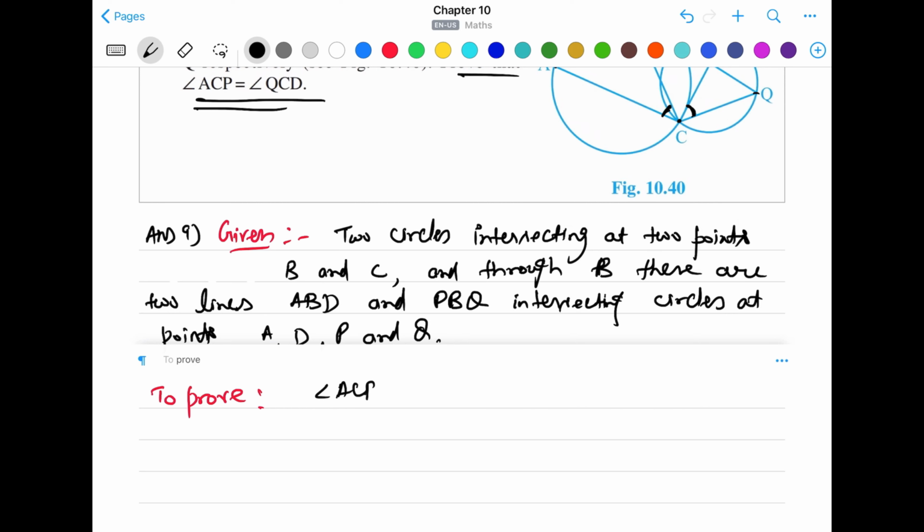We have to prove that the angle ACP is equal to angle QCD. Let's start this proof.